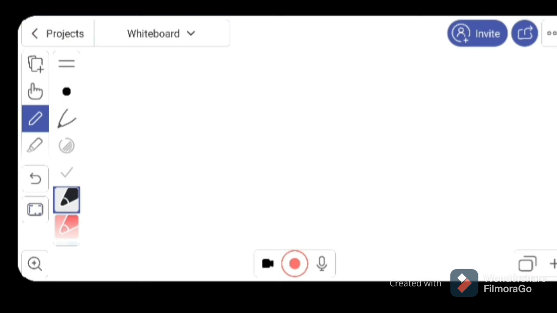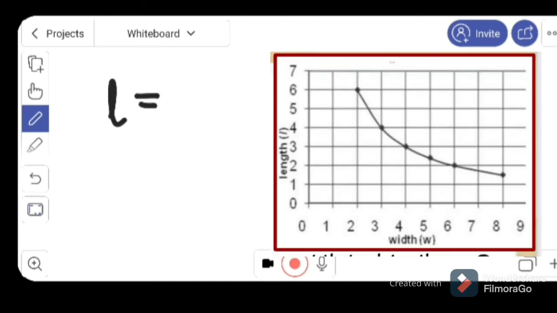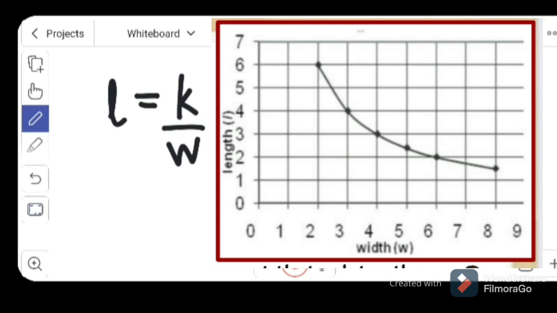Let's take the next graph. What is on the y-axis? It is the length. It varies inversely with the one on the x-axis, that is w. Now let's find the value of k by getting a point from the graph, which is a hyperbola.